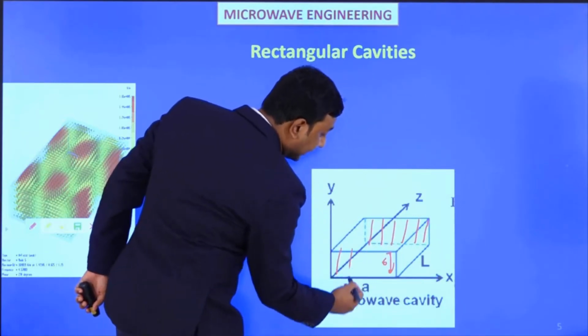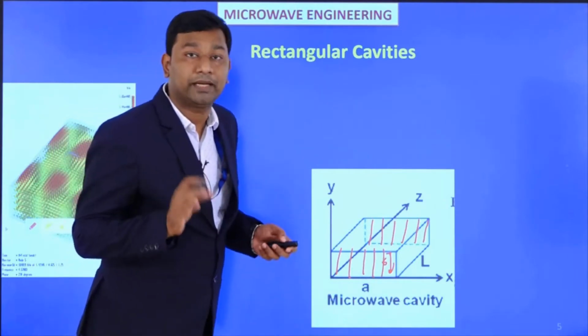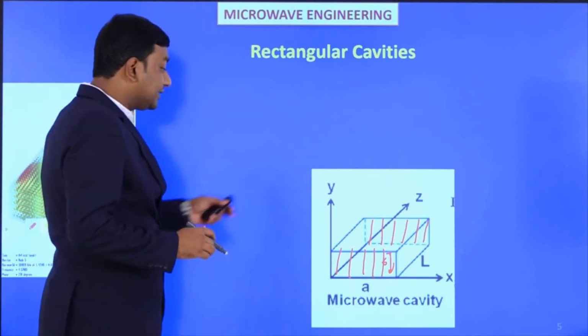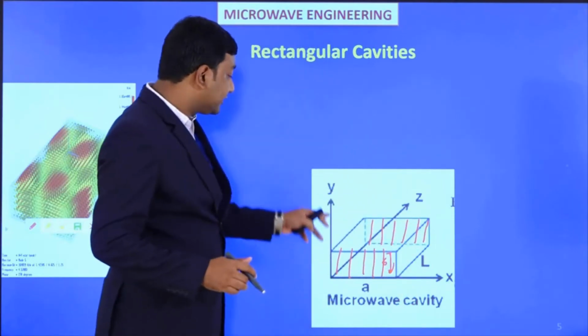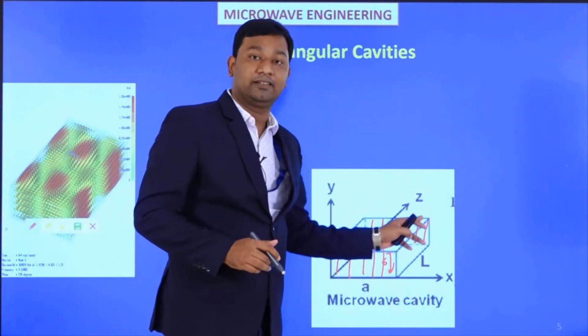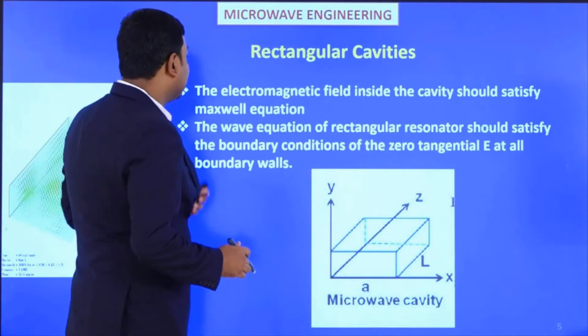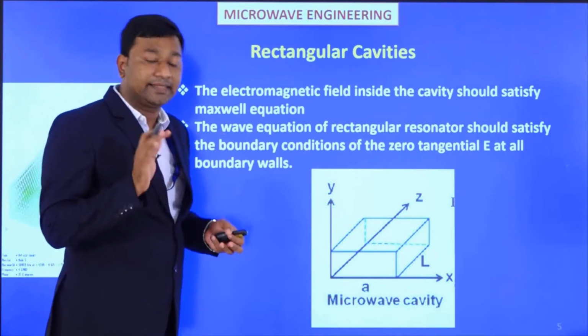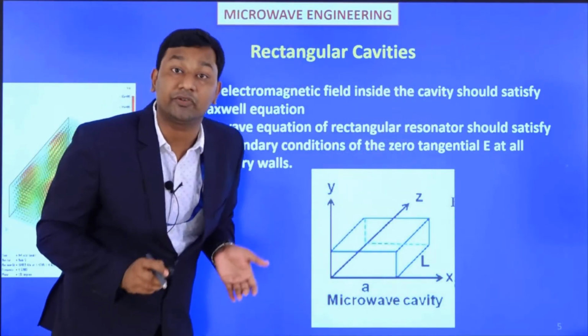So here both sides are shorted by using a metal plate. That is the rectangular cavity with length L. Now we'll see that the electromagnetic field inside the rectangular cavity should satisfy the Maxwell equation.